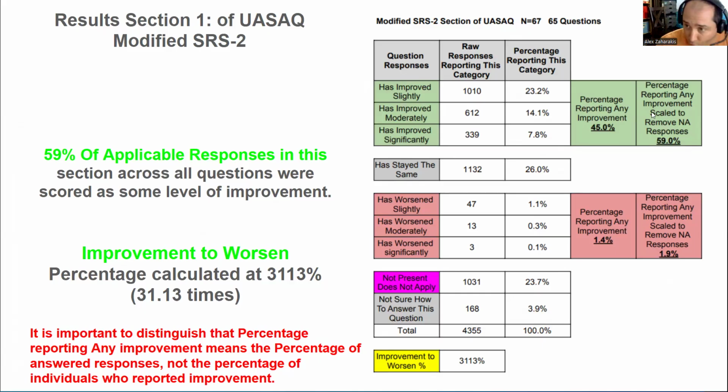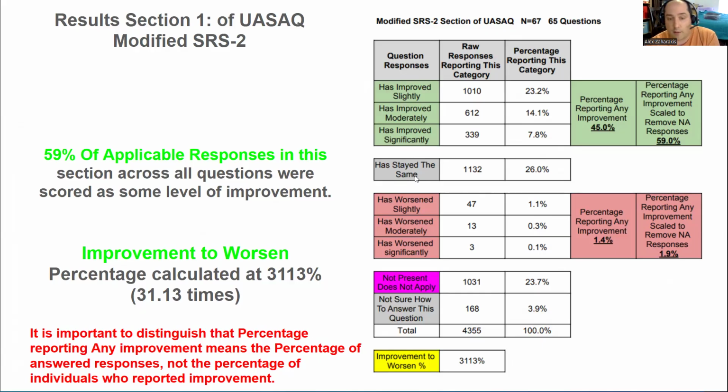Now, these are all different questions. Some of them may be about expression and communication, some of them may be about behavior, but this is one way of looking at it. Asking the same type of question, only about 1 to 2% of all the responses ever reflected any type of worsening. About 26% of the responses reflected that those particular items didn't change at all.